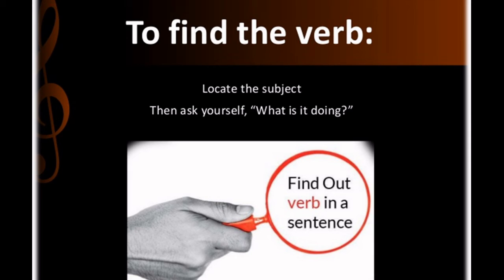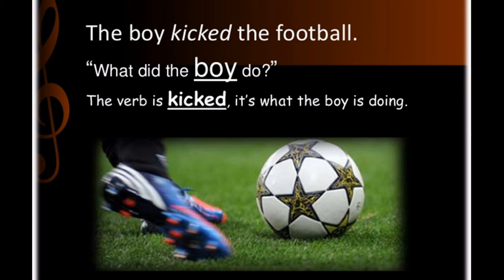Okay, now see how to find the verb. Locate the subject, then ask yourself what it is doing. Find the verb in any sentence. On your screens you can see there is a sentence. The boy kicked the football. Okay, what is the subject here? Boy. Now make a question.